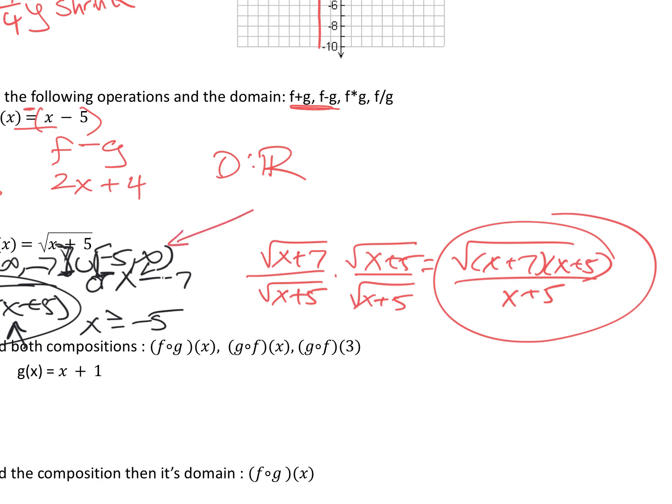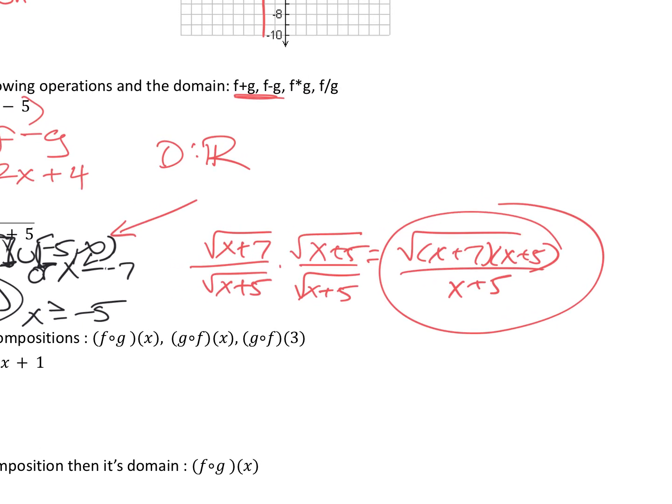And truthfully, we already have the domain pretty much solved for. In this case, the only thing is -5 is a problem. So the only inclusion that I want to change is, instead of including -5, I now need to exclude it, because at -5 I would get 0 over 0, which is a problem.